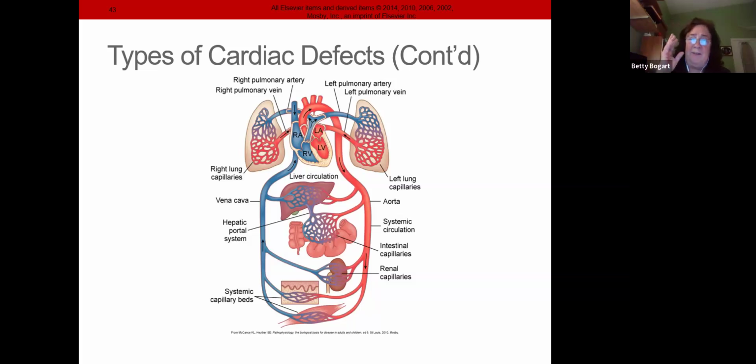Conversely, if it happens on the left side, if the aortic valve is kinked, that left ventricle is going to stretch, and it goes through the mitral valve into the left atrium. And where's it go then? Back into the lungs and fills up. So please go back and look at that.